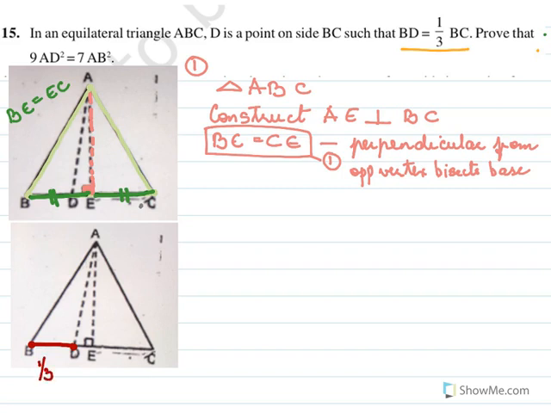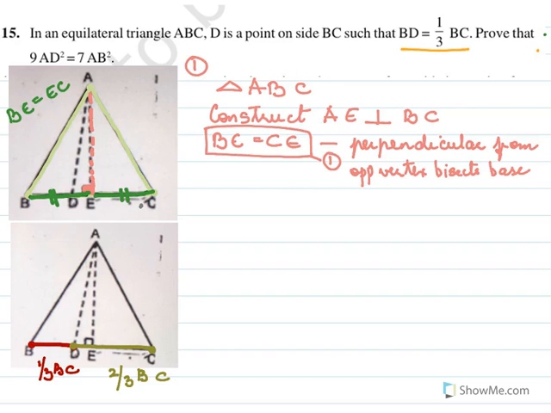Therefore the remaining part is DC. Now this remaining part, you will agree, will be 2/3 of BC. So this is again the second thing we need to write and keep it.